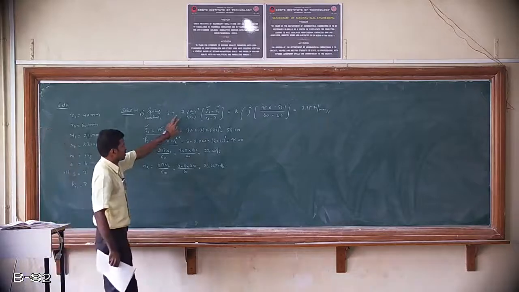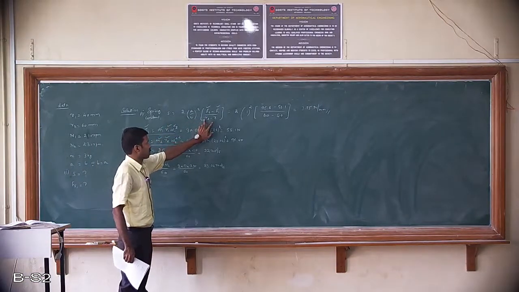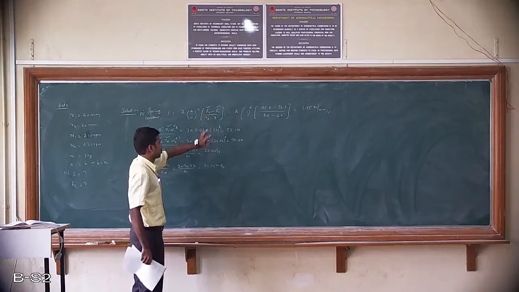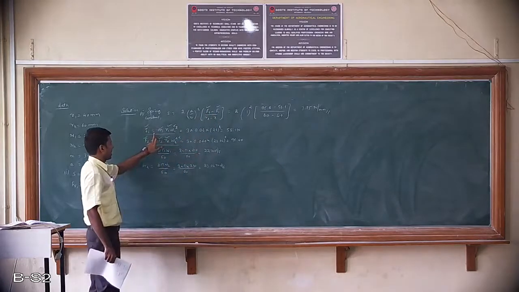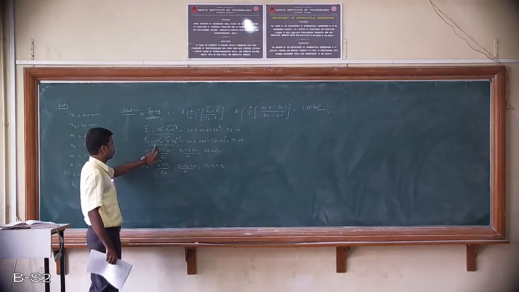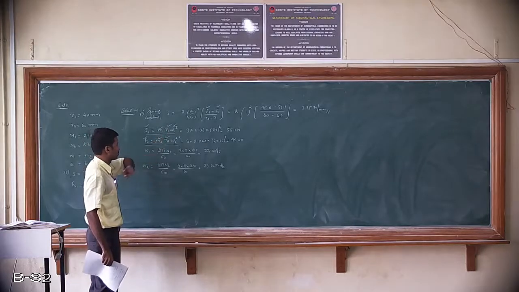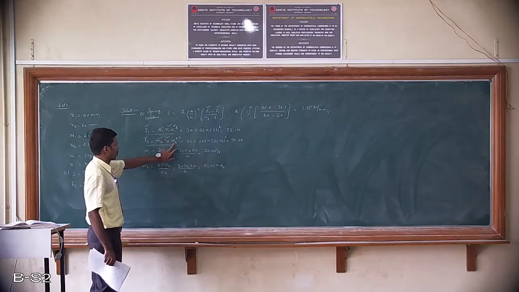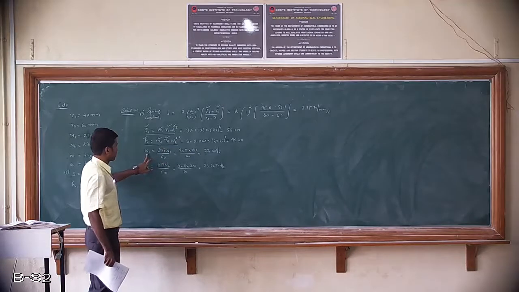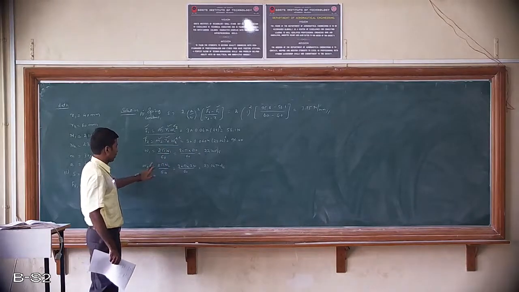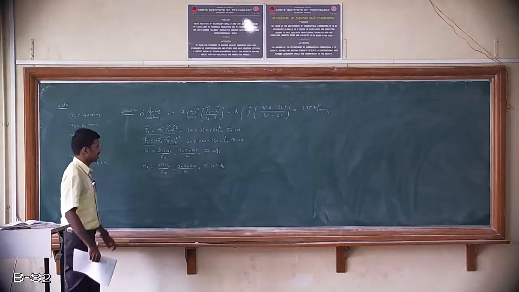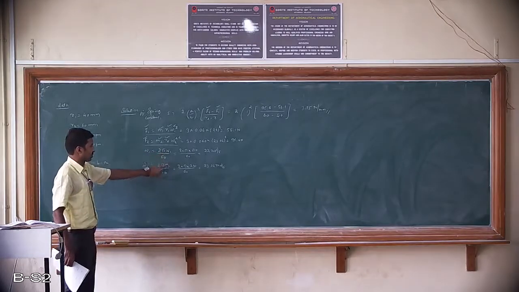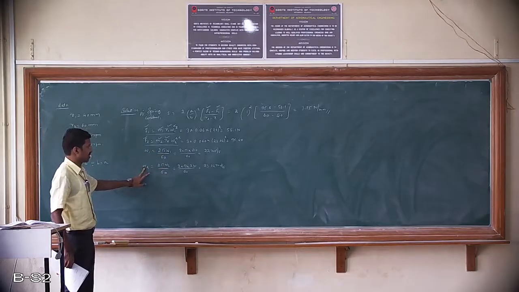In this equation, a, b, R1, R2 are known, only F1 and F2 are unknown. That is why I calculated F1 and F2 using the equation m r omega square. For omega 1 and omega 2, I used omega 1 equal to 2 pi n1 by 60 and omega 2 equal to 2 pi n2 by 60. By substituting the values of n1 and n2, I got omega 1 and omega 2.